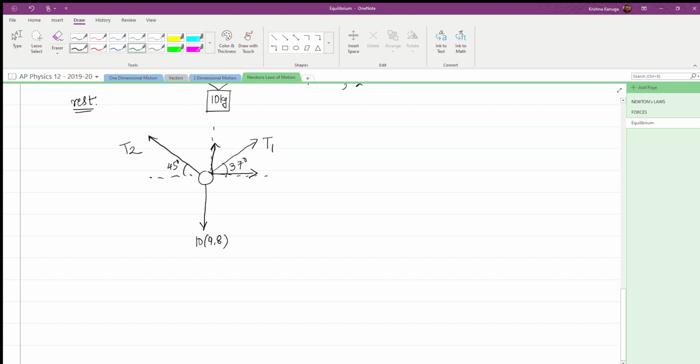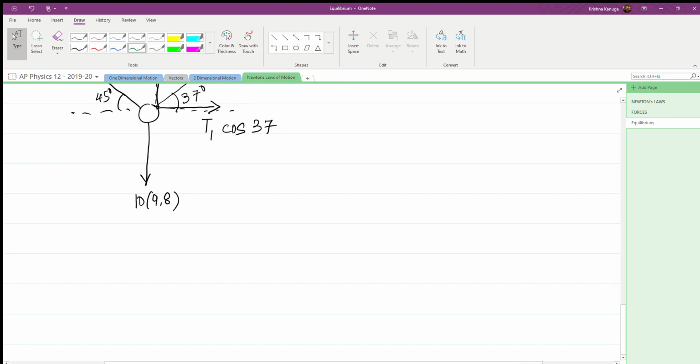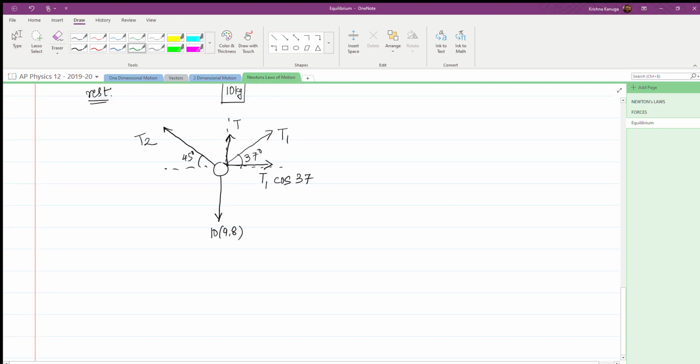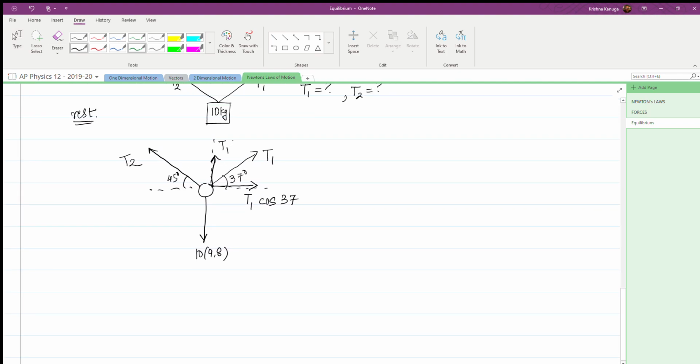From vector algebra, we know that the horizontal component is going to be T1 times cosine of 37, and the vertical component is going to be T1 times sine of 37. So now we have the components of T1.